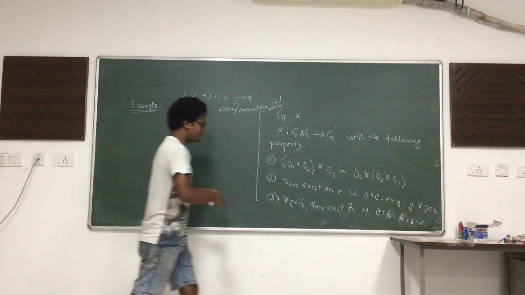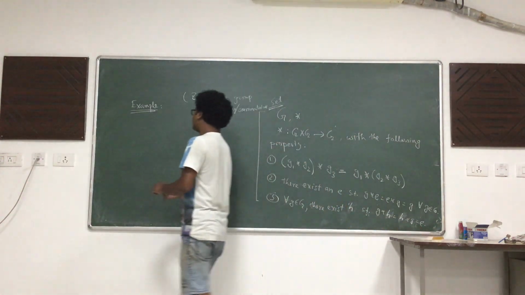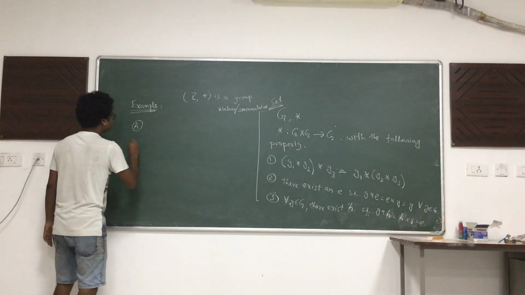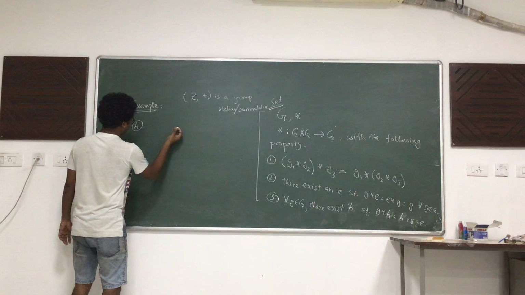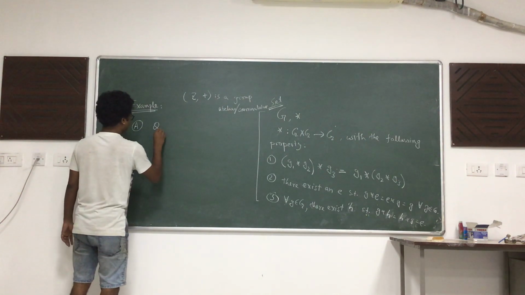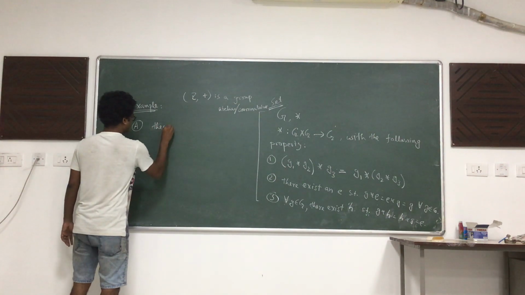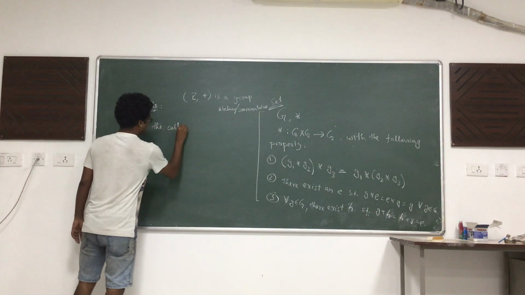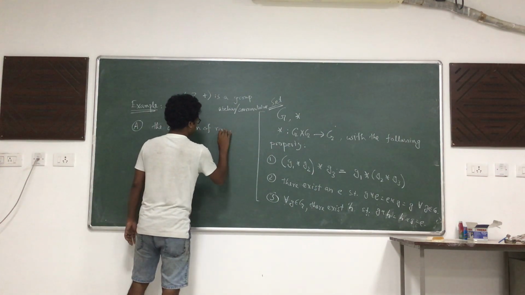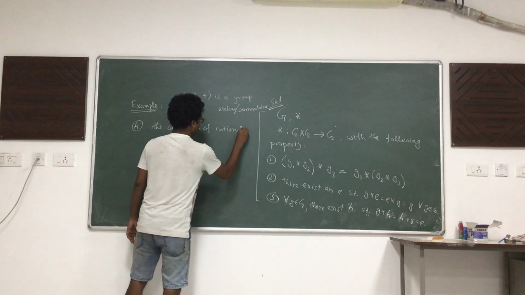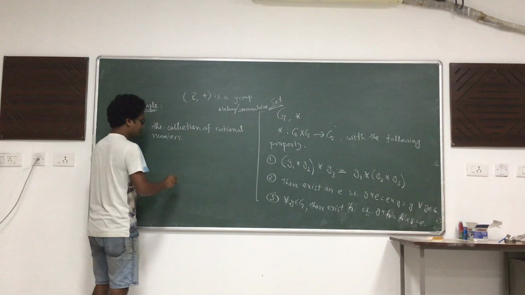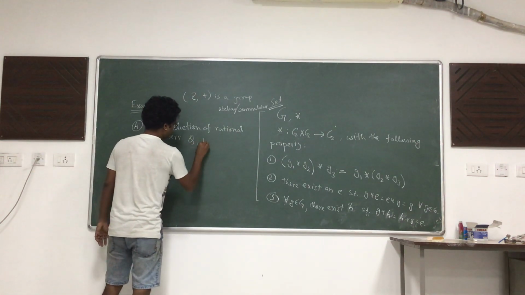Okay, so this is a very simple example. One can check, for example, that the group of rational numbers Q under the operation plus is a group.